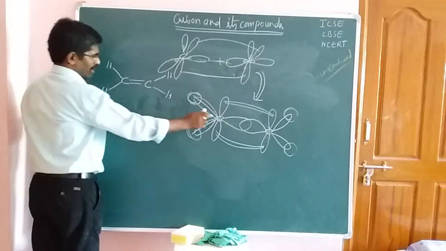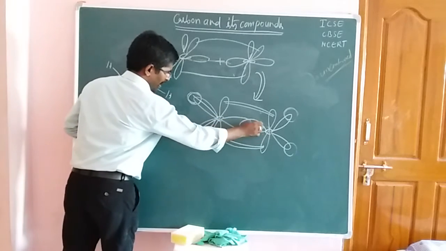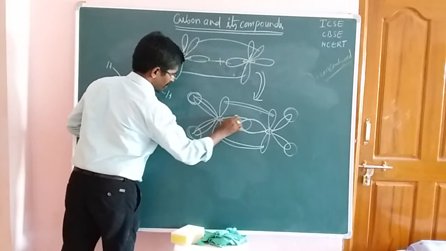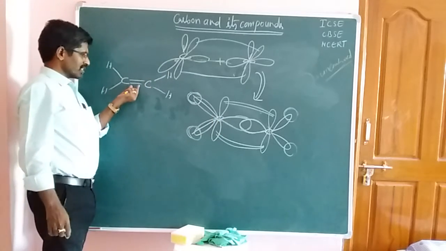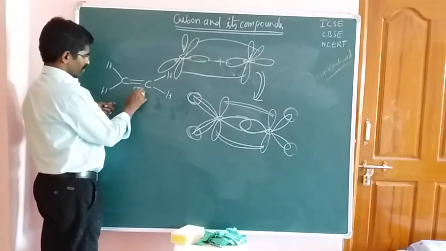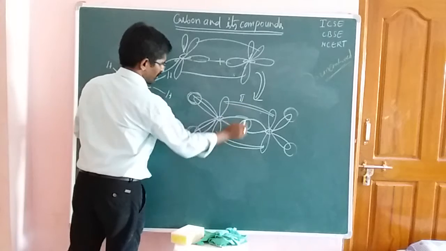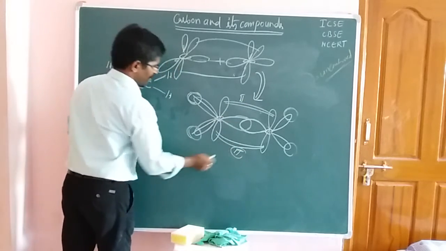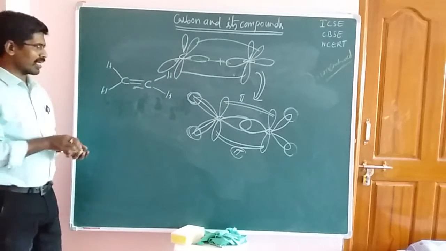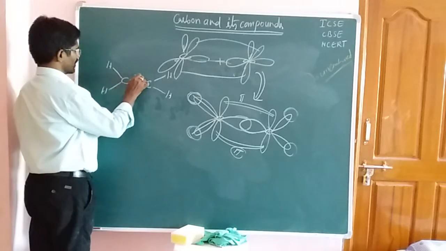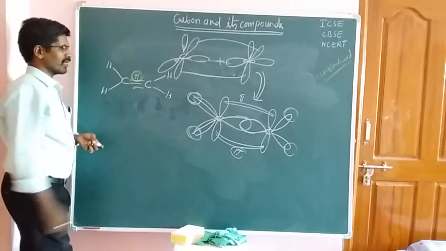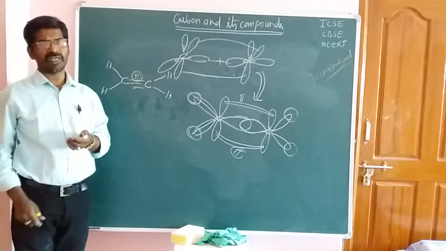Sigma bond means head-on overlapping. So this overlapping is called sigma bond formation. And next one is the lateral overlapping, or sidewise overlapping, which forms the pi bond.